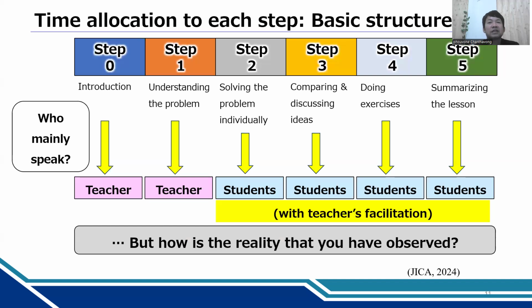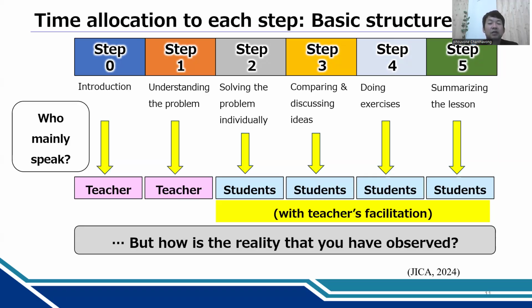Well, when we teach the 5 steps of the problem-solving approach in the Lao context, the time allocation is different. For example, from step 0 to step 1, who would have the main role at this stage?